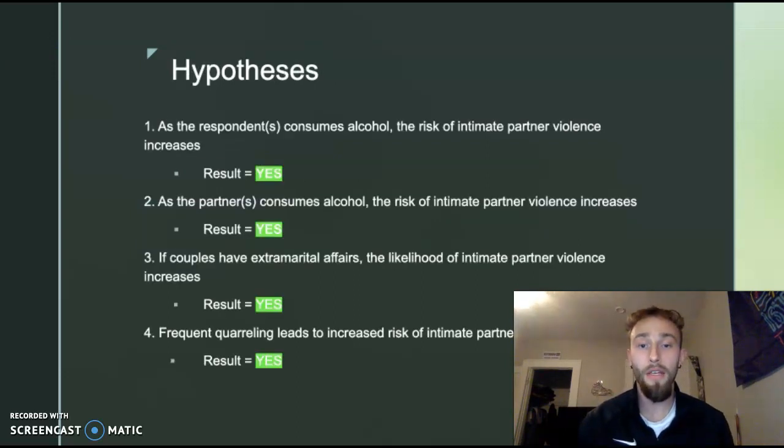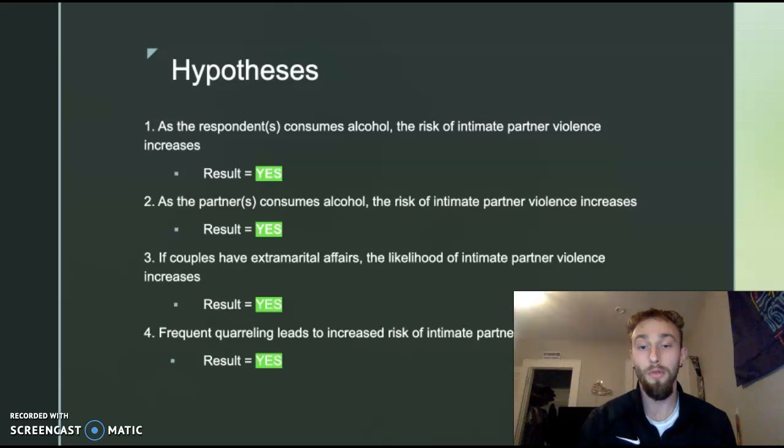So following the completion of the study, the authors were able to answer their 4 hypotheses, and in this case, all of those hypotheses were right. To start, the researchers found that as the respondent consumes alcohol, the risk of intimate partner violence was sure to increase. Also, as the partner consumes alcohol, the risk of intimate partner violence also increases.